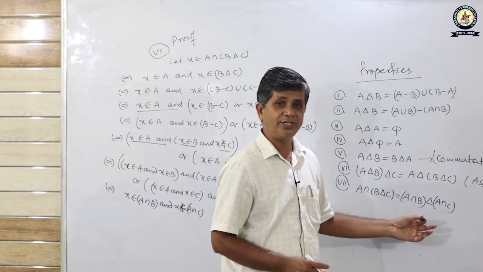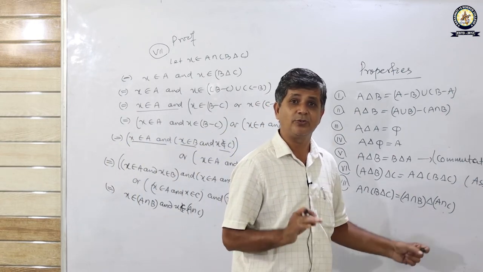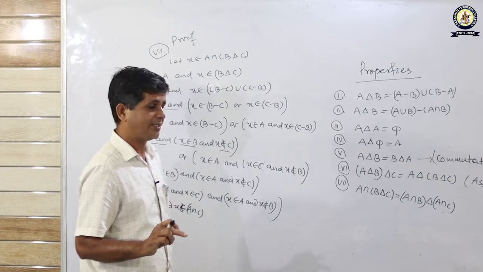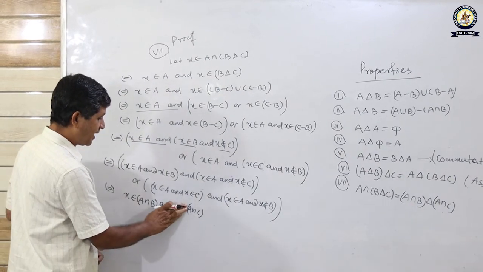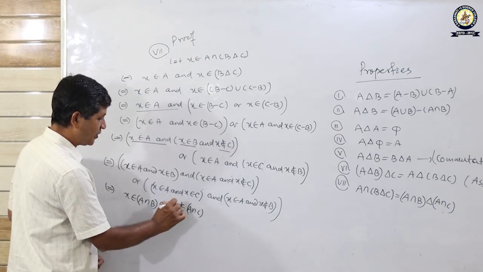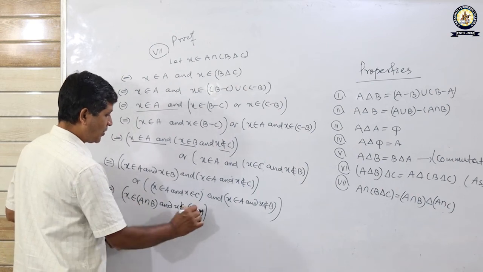Because in the RHS we do not want A difference C. We need A intersection C. For that reason we write X does not belong to A intersection C.